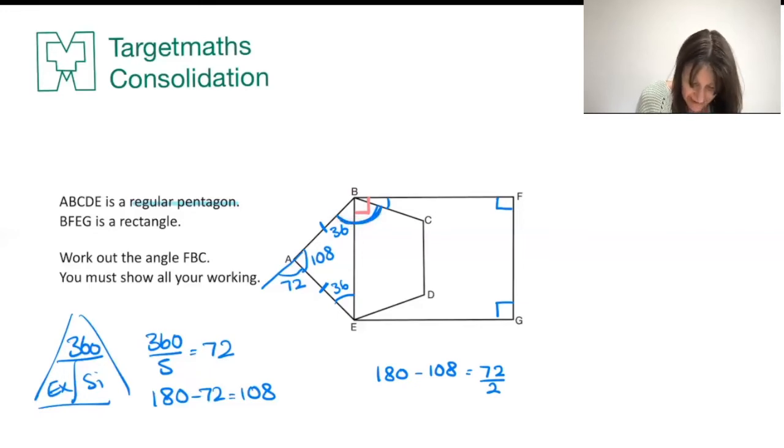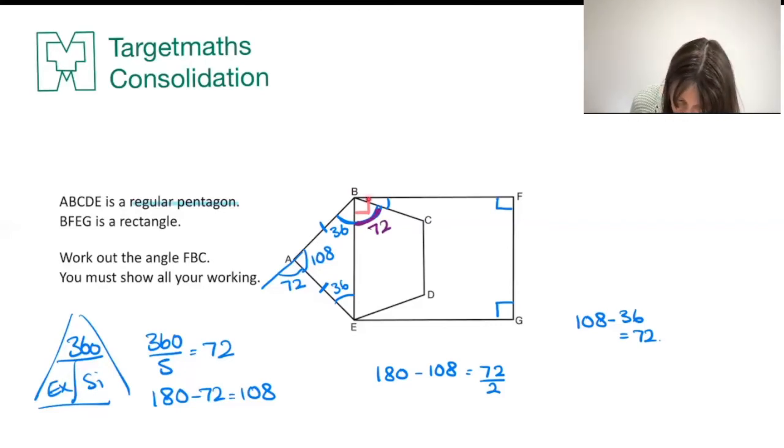So let's do that first of all. I've got 108. I'm going to take off the 36, which is going to give me 72. So I've done 108, and I've taken off the 36. So this blue section here, which I'm actually going to change to a completely different color now, that section there is 72.